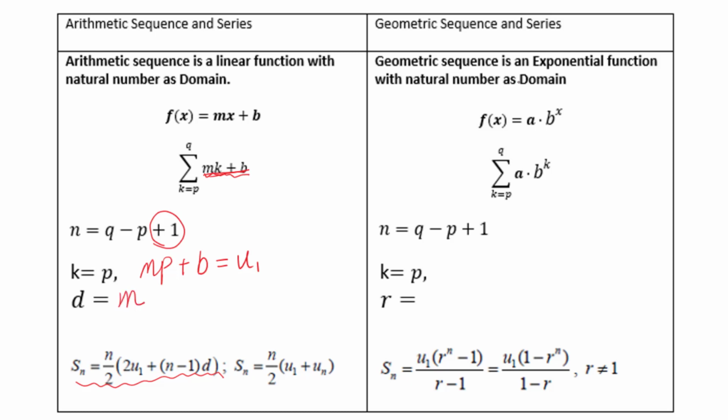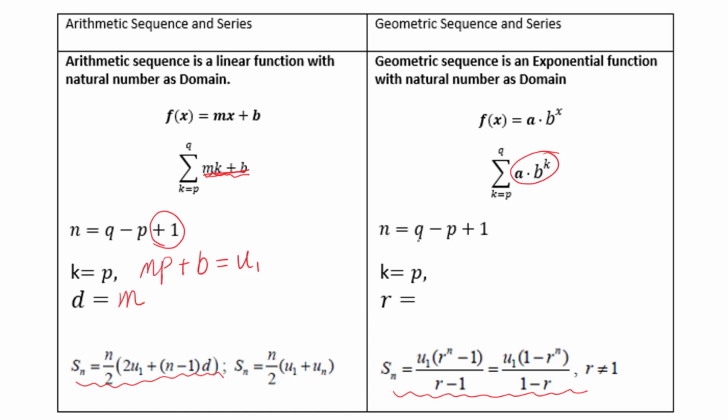Geometric sequence is an exponential function with a natural number as a domain. So when you see sigma notation with an exponential function, you know this is a sum of a geometric series. You have to use this formula to work out this sum.